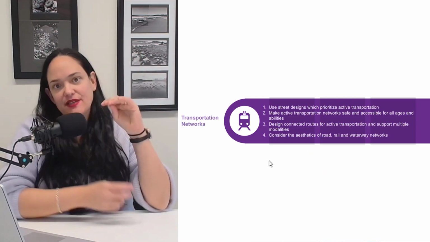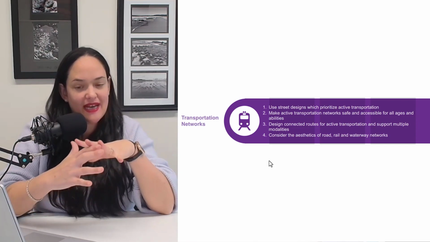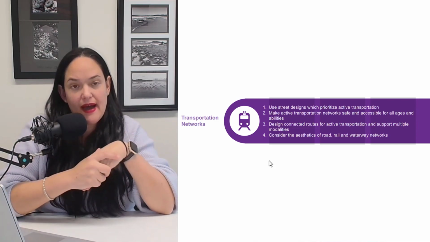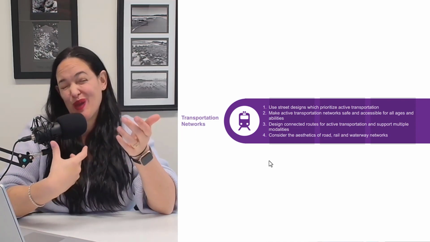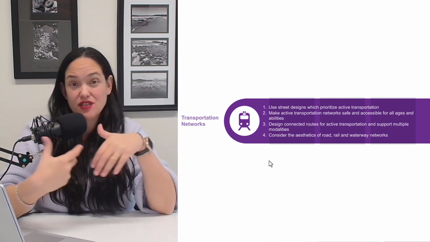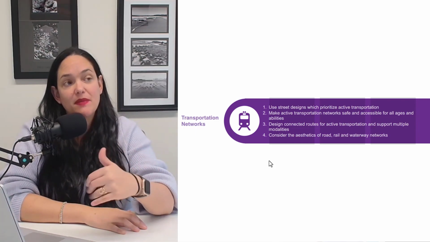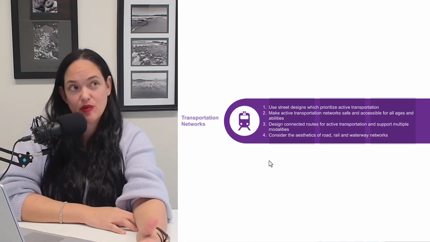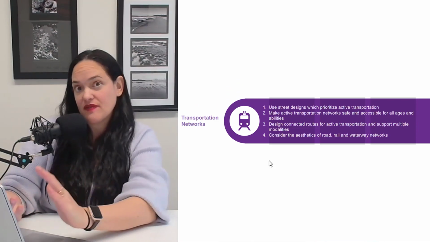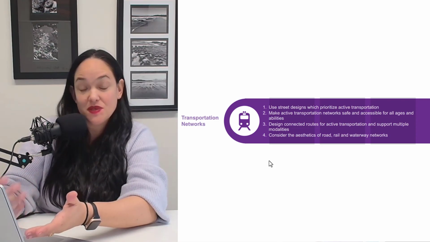Number 2 is all about transportation networks, and this is about linking communities as effectively as possible, and having lots of opportunities for people to get places, but also to walk places, not just having to drive. And I keep talking about minimizing driving and prioritizing active transport as promoting physical activity, but healthy design is also minimizing the amount of pollution.